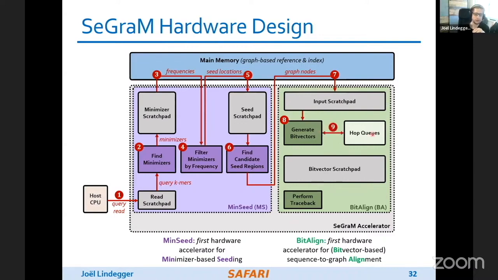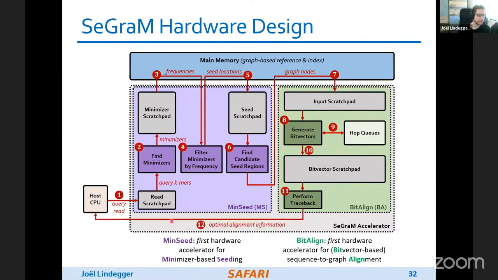Here there's a new component, hop queues, that doesn't exist in GenASM, and I'll go into this in a second, why we need this. And then we send the generated bit vectors to another scratchpad and finally perform traceback as you know it from GenASM.